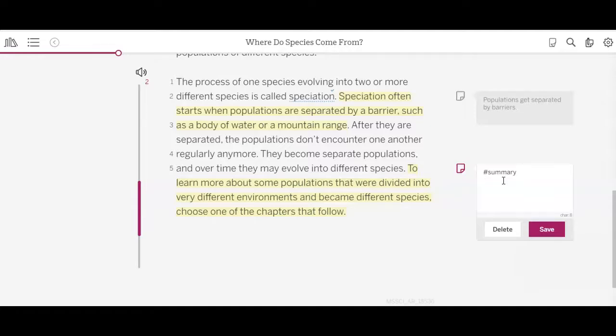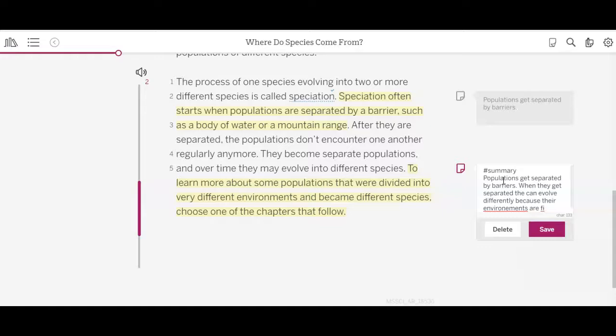So in this article, what did I read? I read that populations get separated by barriers, and when they get separated, they can evolve differently because their environments.